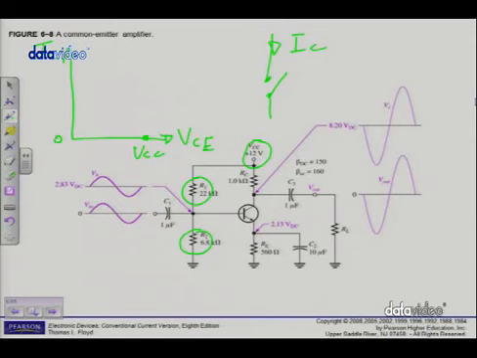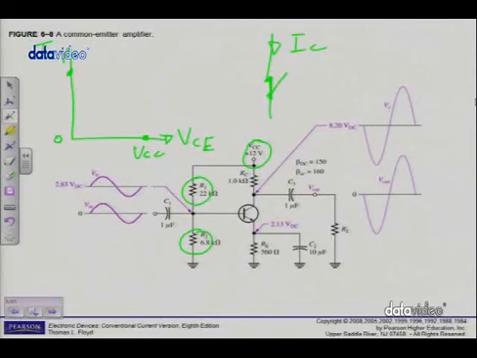When I go and close the switch, the parameters will become what? IC will be equal to IC sat, the maximum current that can flow through this device in a specific circuit, determined by the circuit, and VCE will be equal to what?